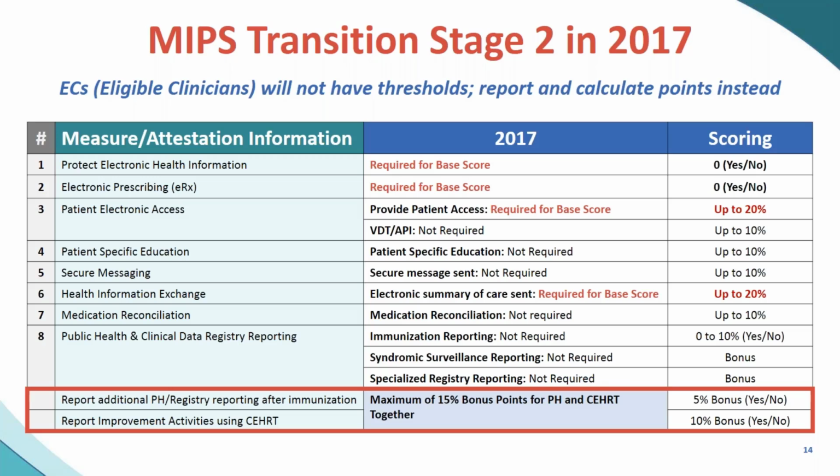Right. And then the other things to point out that are different: you still have your patient education, you still have secure message. Those are not required, but clearly you want to be doing those because you get points for it. The secure message is the one sent from the practice to the patient and not vice versa. MedRec is the same.